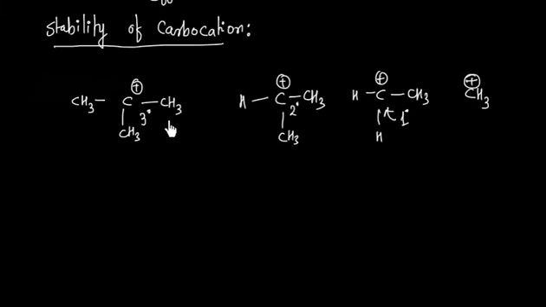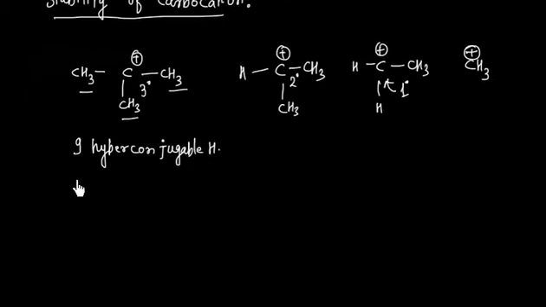Now in this case we have 3 plus 3 plus 3, 9 hyperconjugable hydrogen. That is, we can write 9 hyperconjugating structures are possible.